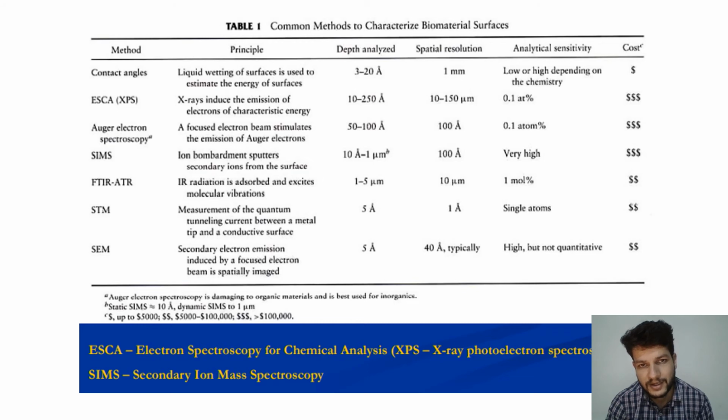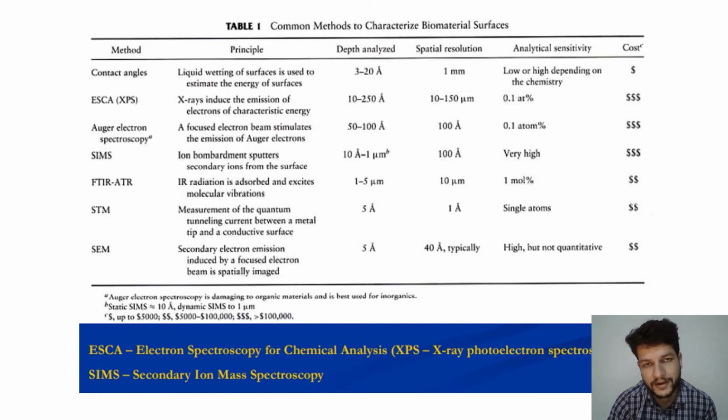The depth analysis of contact angle measurement is 3 to 20 angstrom, and it has a high dependence on the chemistry. On the basis of chemistry, the contact angle may change because of the interaction of water molecules with different atoms or molecules present on the surface of the material.